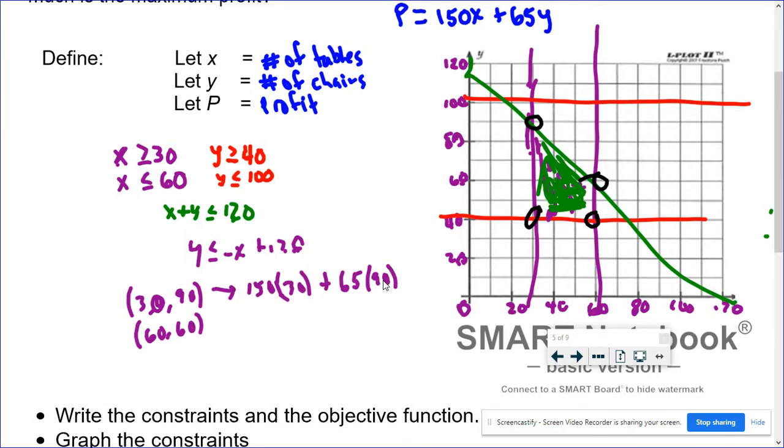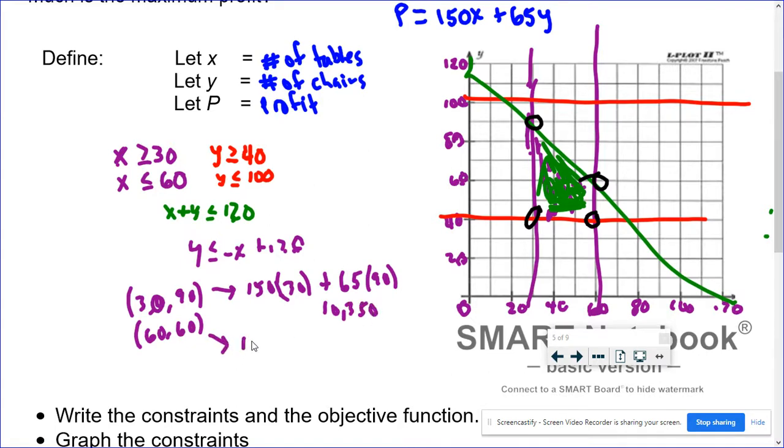I'm not doing that in my head. All right, when you multiply all that out, you get 10,350.